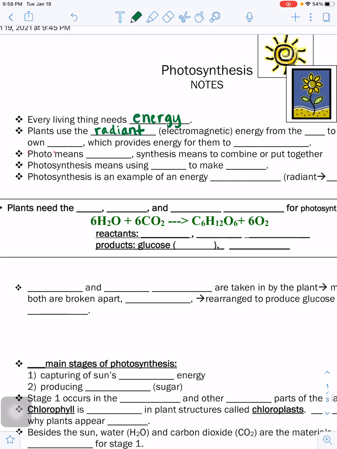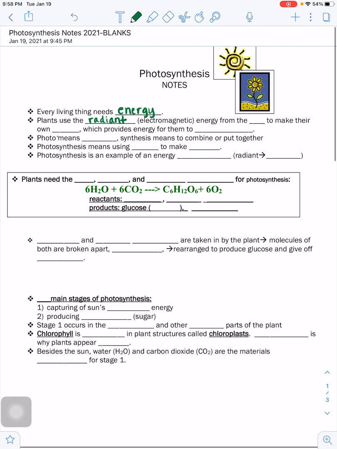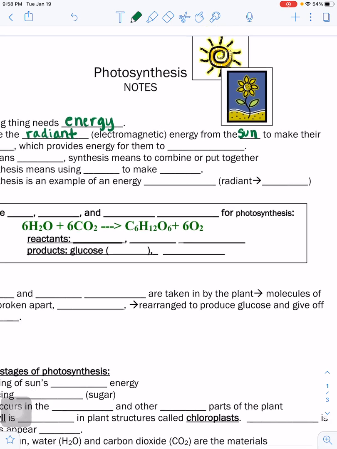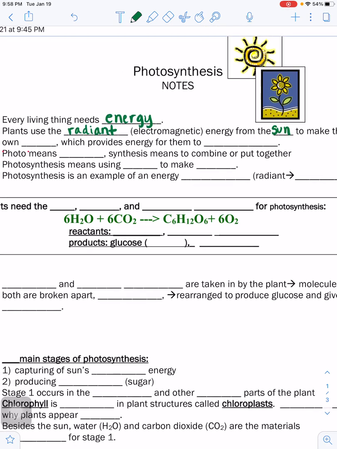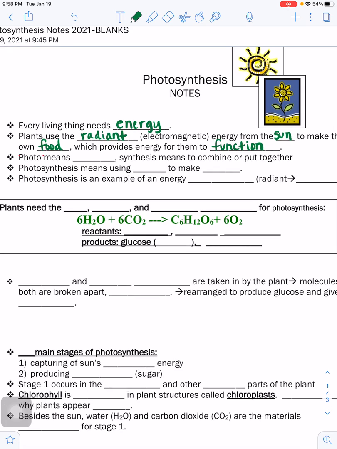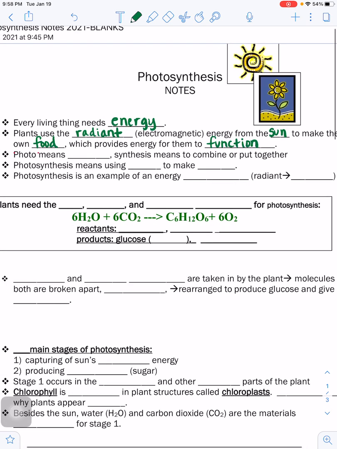So plants use radiant energy from the sun to make their own food, which provides energy for them to function.